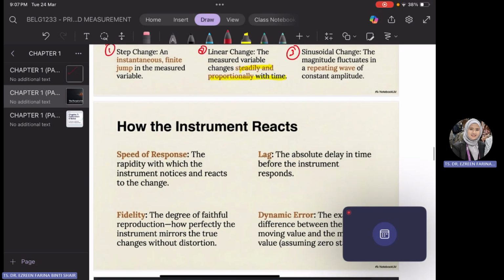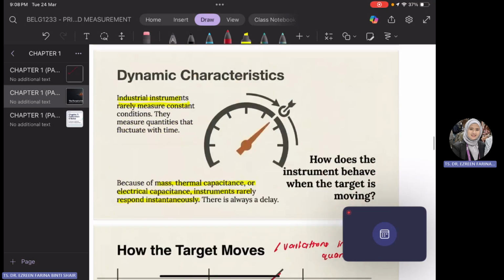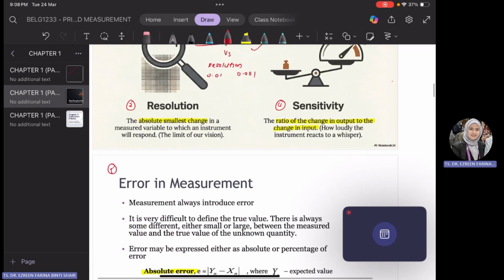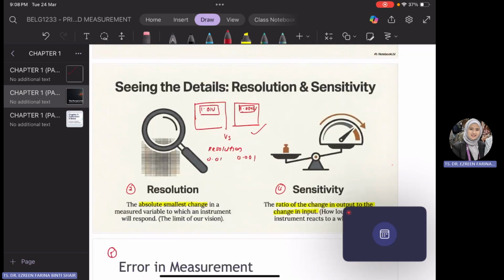Okay, so how do these instruments react, or the dynamic performance characteristics. Previously, for the static performance characteristics, we looked into the accuracy, the precision, and also the error, resolution, and sensitivity.